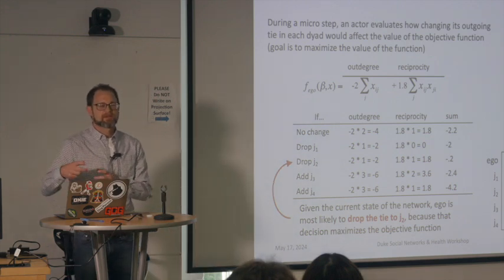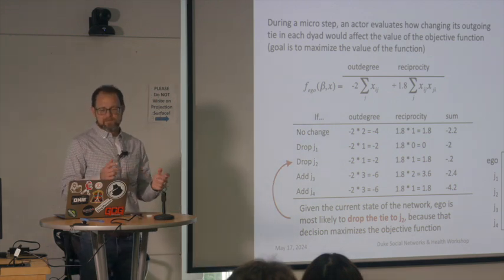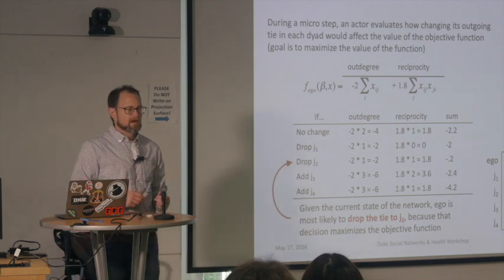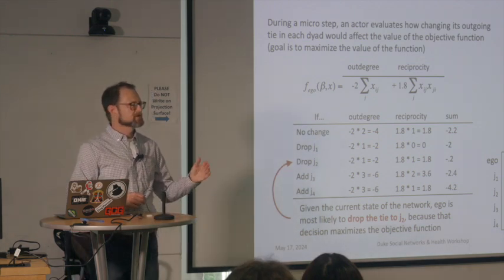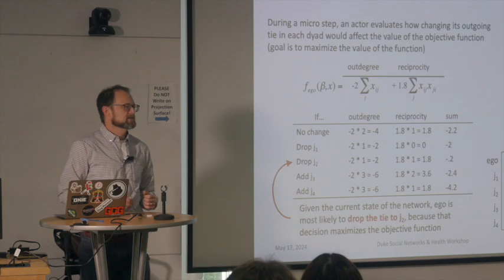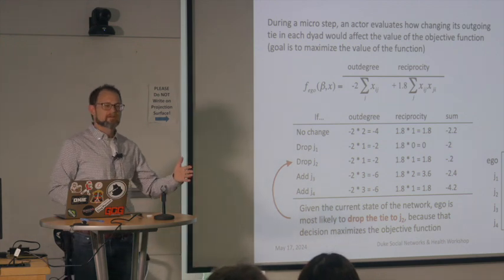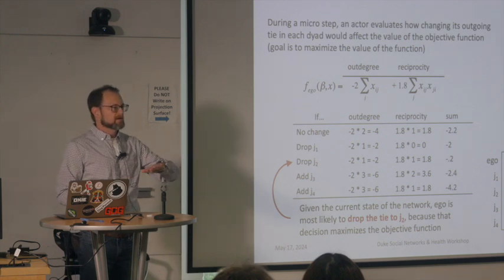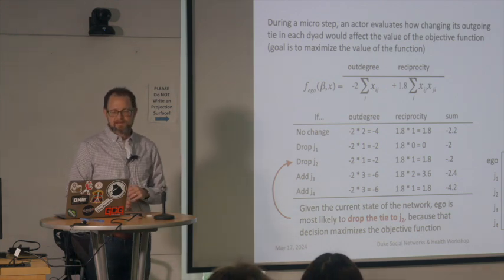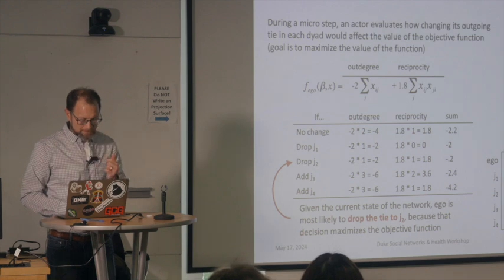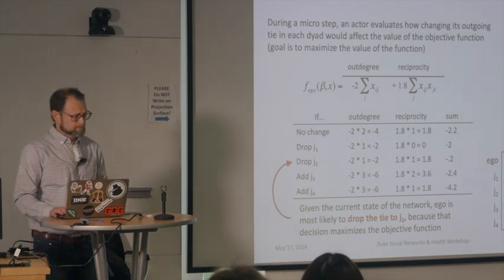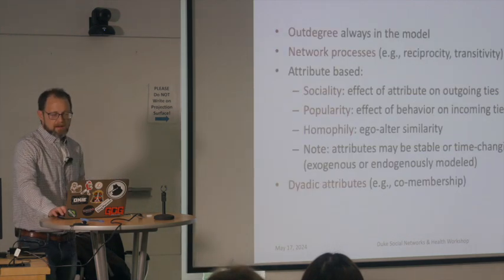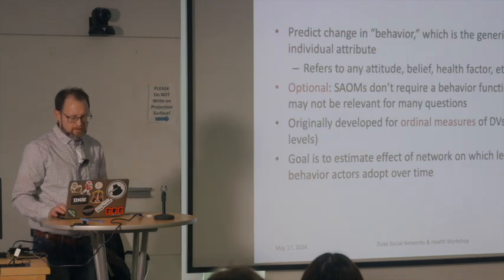We're trying to come up with model estimates such that when actors follow those rules, we get a behavior distribution that looks like that observed time 2 distribution. So the level of smoking is the same, and the distribution across individuals looks the same. Okay, so how do we do that?